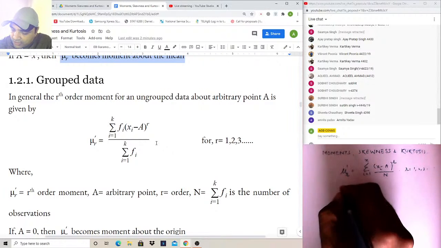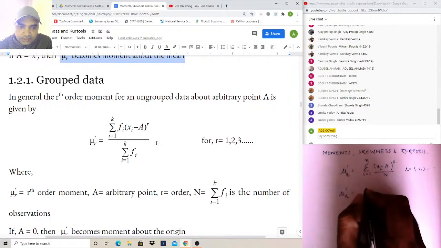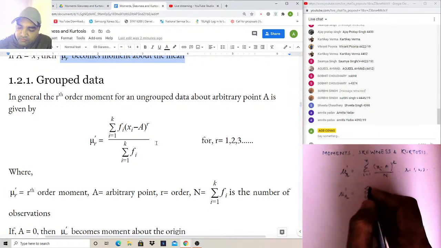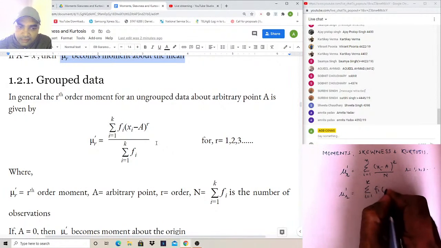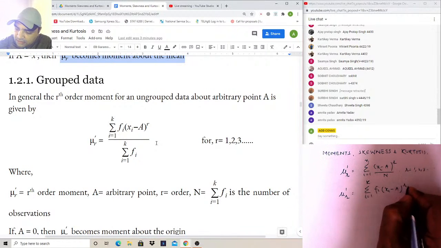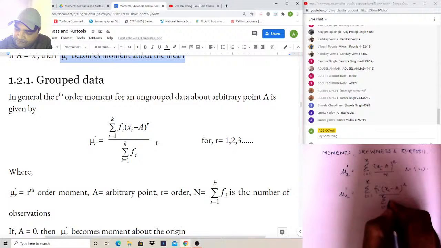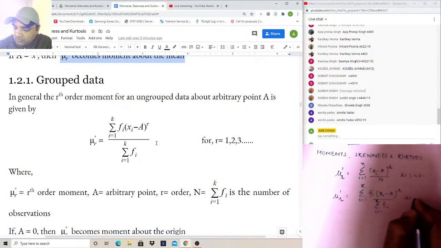And for grouped data, this mu r dash is equal to sigma i equal to 1 to k of fi times (xi minus a) power r, divided by the summation of the frequency, or the number of observations, where r is equal to 1, 2, 3 and so on.